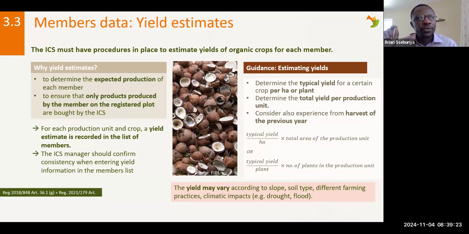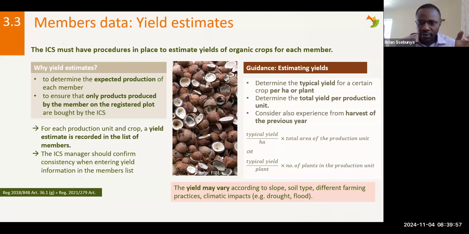And I remember I mentioned that a member of a group of operators can manage conventional plots so long as it's not of the same crop as the organic crop. So for example, if their crop of focus is pineapple, that's what they are producing as organic. On that conventional plot, they should not be growing pineapple again.